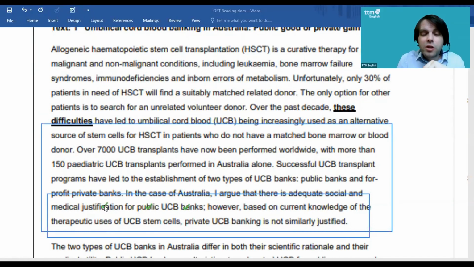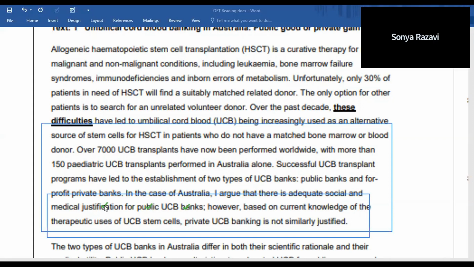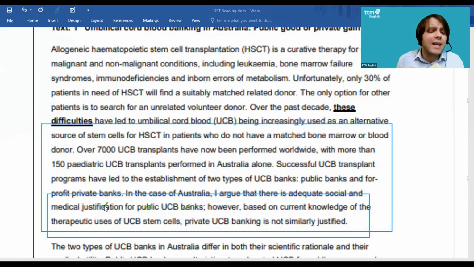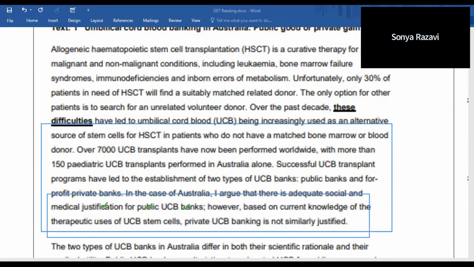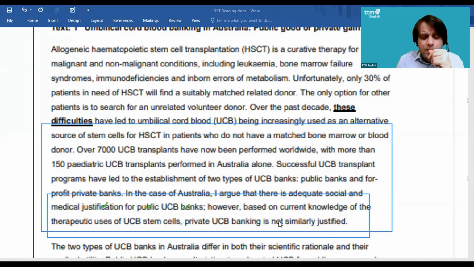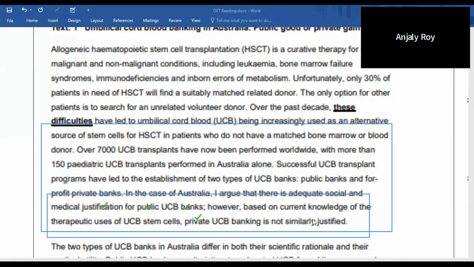What does justified mean, Sonia? I think it's approved or accepted, or something. It's a good idea. However, based on current knowledge of the therapeutic uses of UCB stem cells, private UCB banking is not similarly justified. There is public and private use. So which one is not a good idea? The private one.